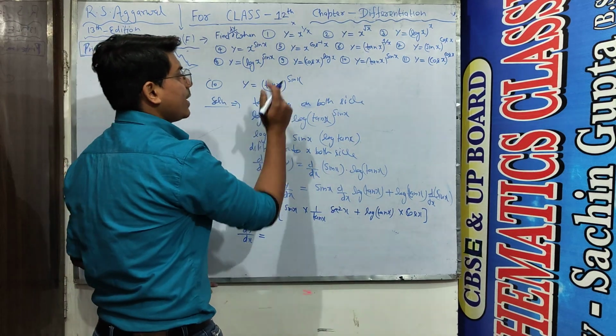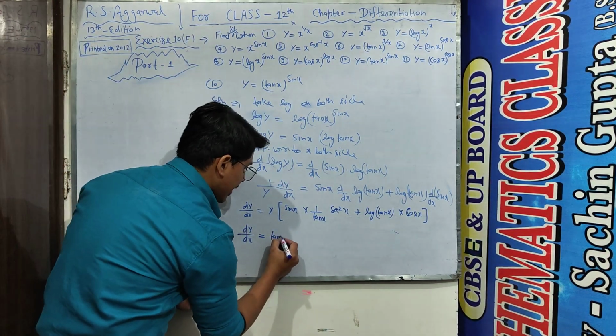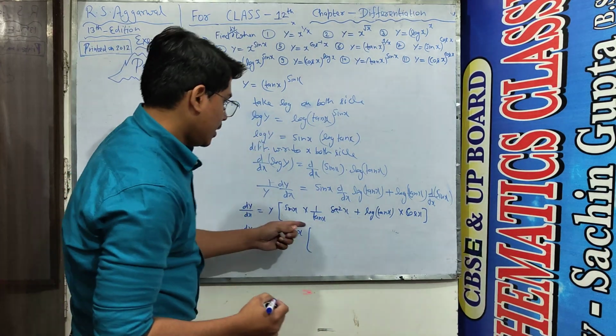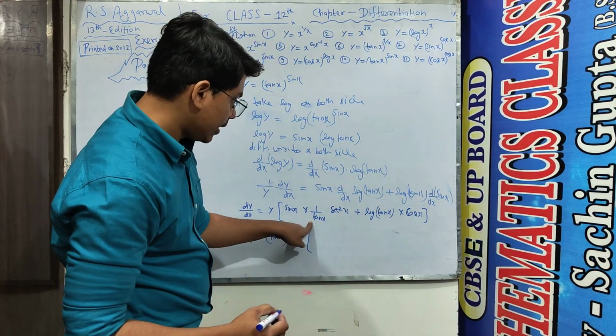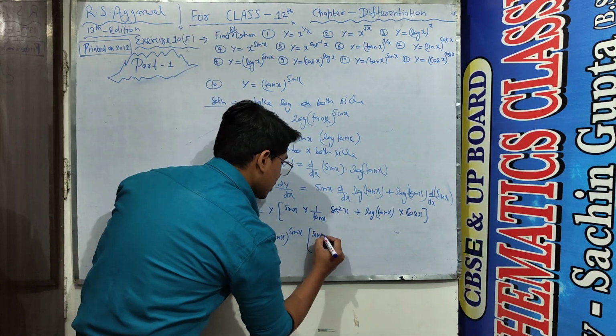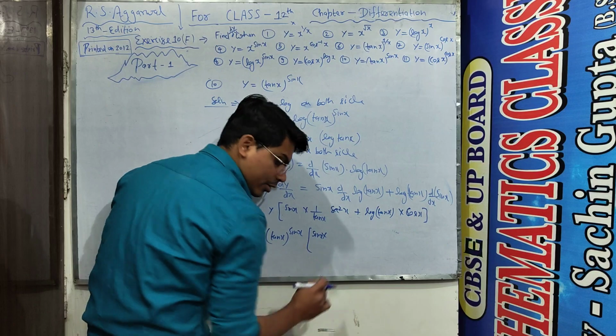In the question, it is given tan x raised to the power sin x, so I write here (tan x) whole power sin x, and this becomes, students, tan as cos upon sin, because this is written in the reciprocal form.